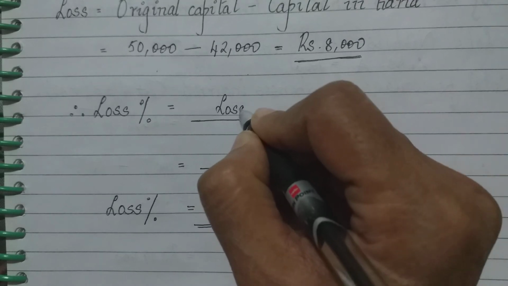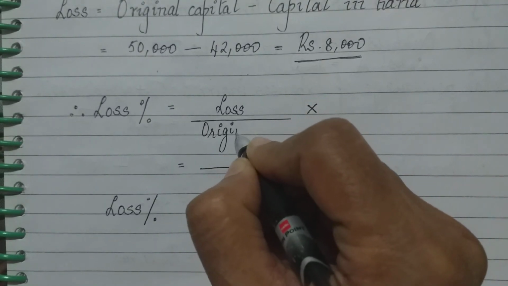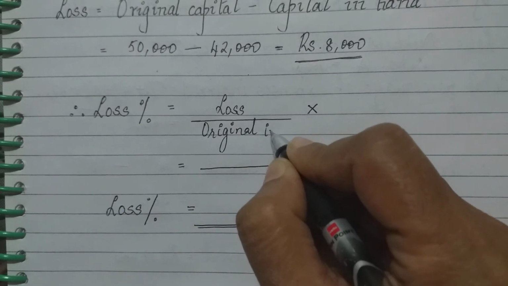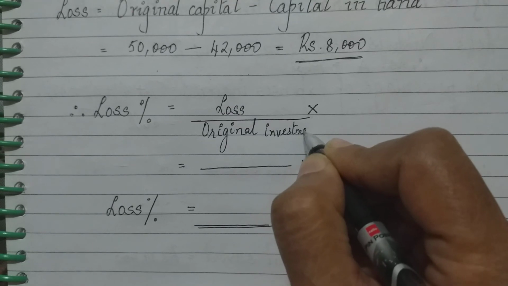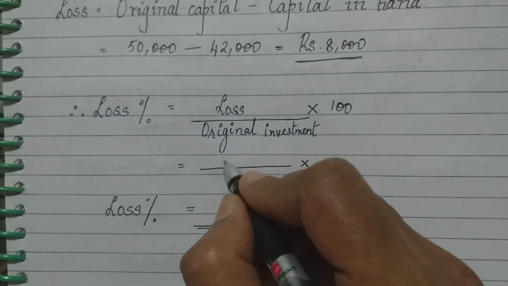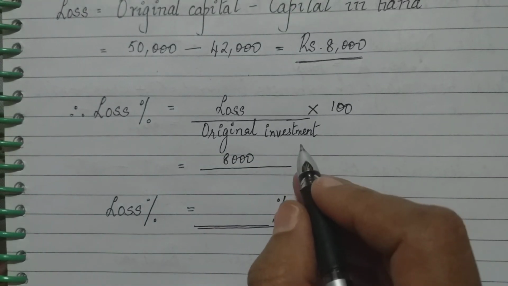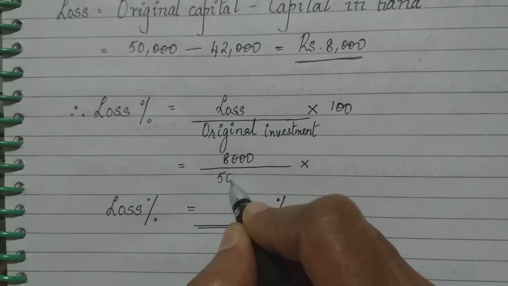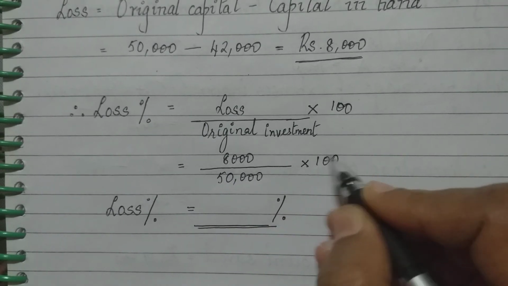Loss percent is equal to loss upon the original investment into 100. How much is the loss? 8,000. How much was the original investment? He started off with 50,000, into 100.